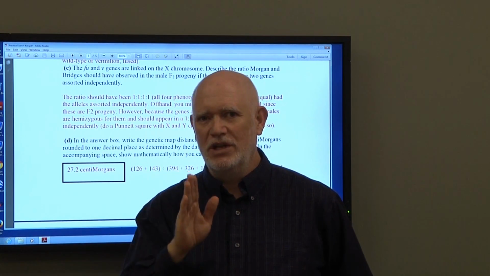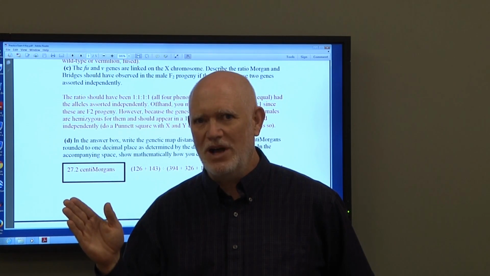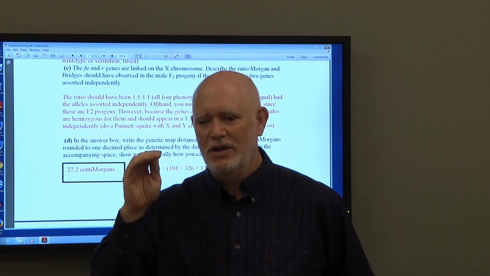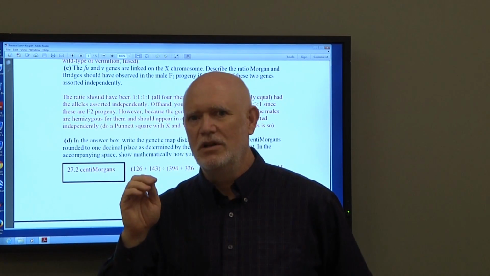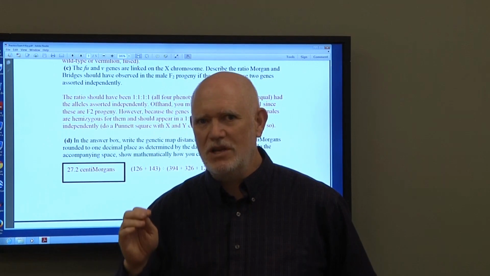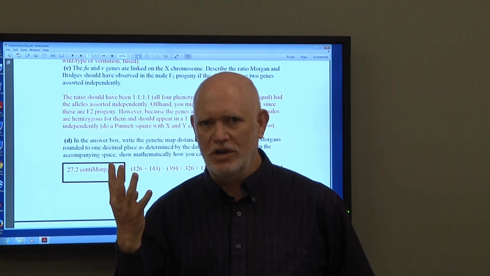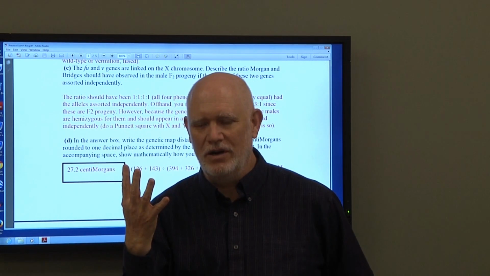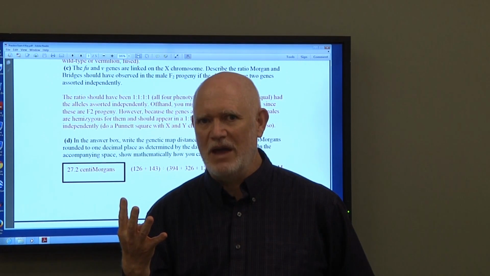And if it's assorting independently, the four types that are possible, which would be wild type, fused vermilion, then just fused, and then just vermilion, should be equal because all four X chromosome types should occur in equal frequency in that female parent, and then all of the males inherit their X chromosome from that parent.